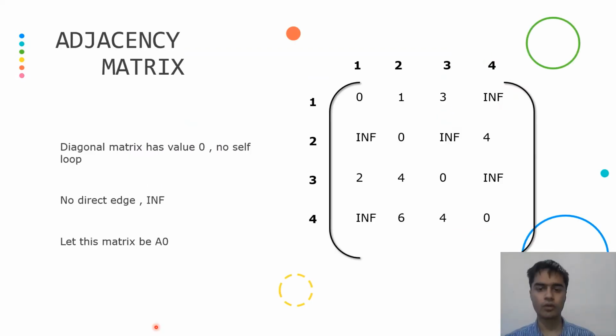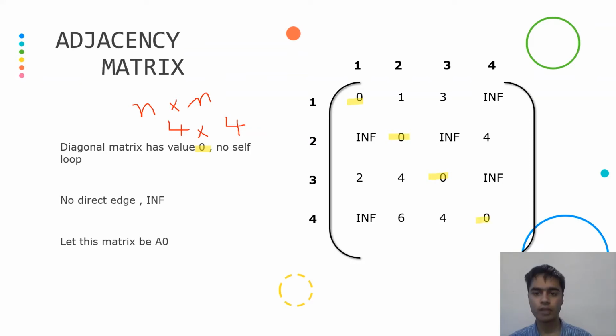So first we are going to get an adjacency matrix of size n cross n, where n is the number of vertices. In our case, we are going to create an adjacency matrix of size 4 cross 4. Now to fill this adjacency matrix, first of all we are going to fill the diagonal elements with value 0, because no self loop is allowed here. It is 0, it is 0 and it is 0.